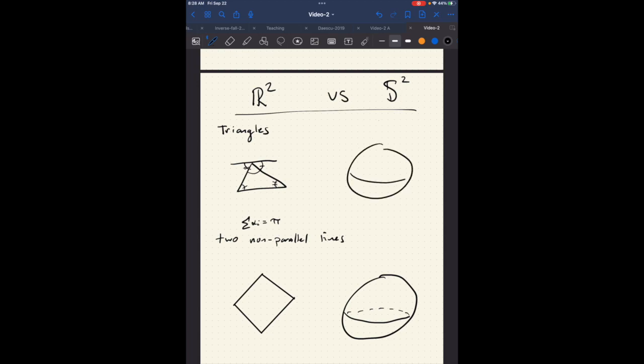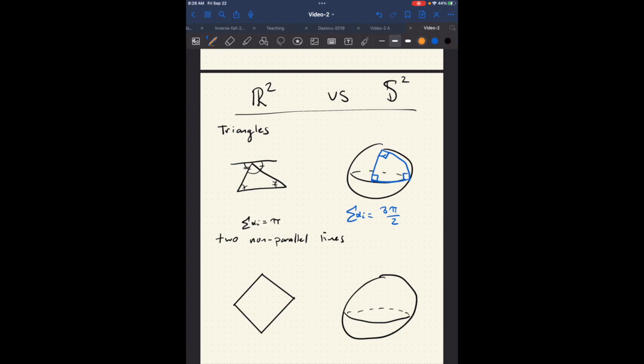So if we consider a triangle here, we could have a triangle with all right angles. And of course, a right angle is pi over 2, so the sum of our interior angles here would be 3 pi over 2, so not the same.